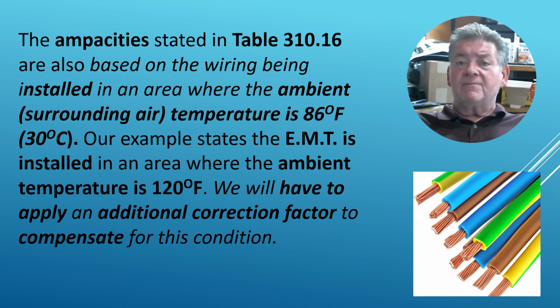In our example, it states that the EMT will be installed in an area where the ambient temperature will be about 120 degrees Fahrenheit. So we will have to apply an additional correction factor to compensate for this condition as well. In addition to the derating that we did for the number of wires, we will have to also adjust for that higher ambient or surrounding air temperature.